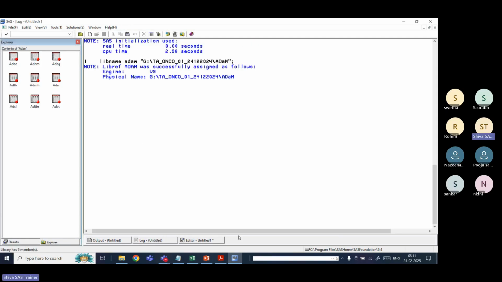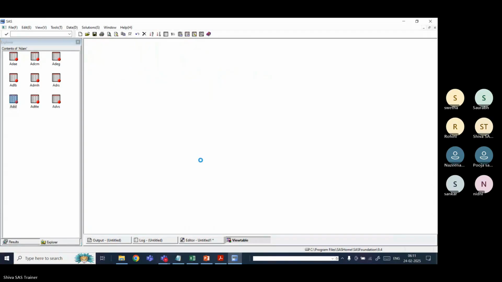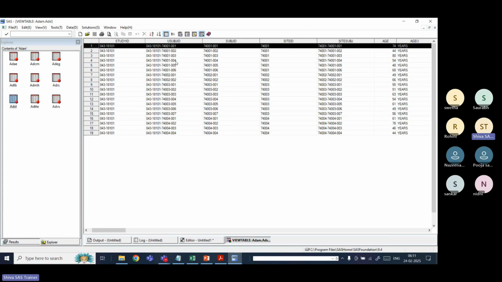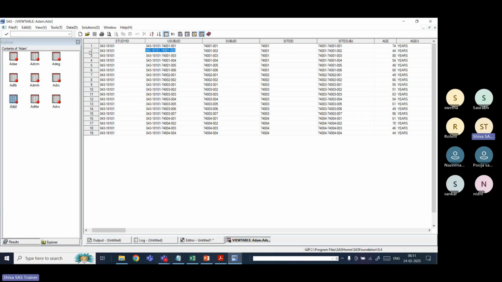So what is ADSL? Here you can see each and every subject has only one record. 001 has only one record, 002 has only one record.